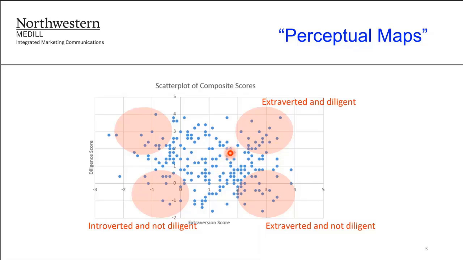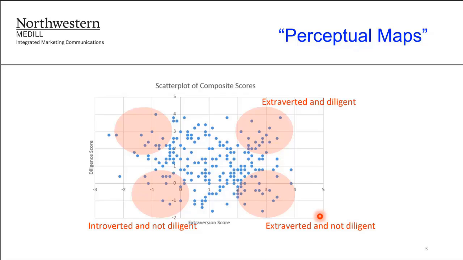These are extroverted and not diligent, because their diligence scores are under 0, or close to 0, or less than 0, so rather low.